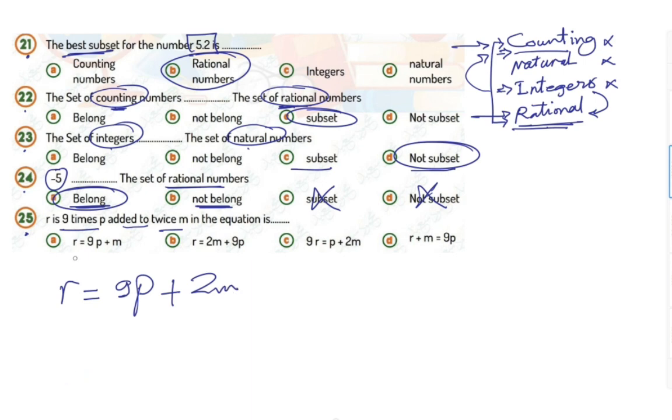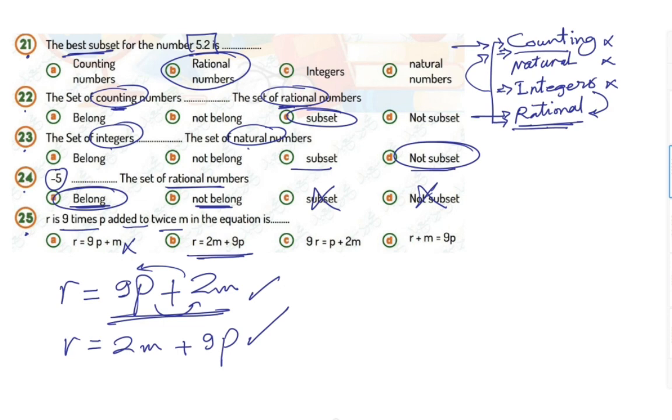Now search here: R equals 9B plus M? No, I need 2M. R equals 2M plus 9B. Look here and look here. What he did, he just used the commutative property and wrote 2M plus 9B, and that's the same. So I can choose R equals 2M plus 9B.